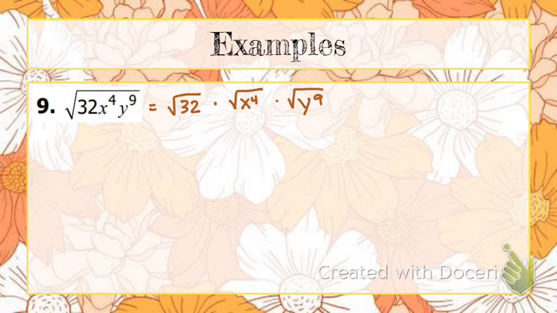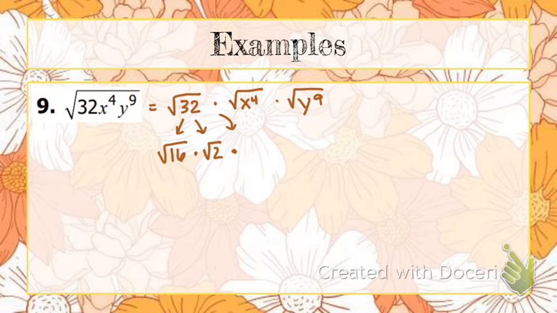So the square root of 32 is going to be reduced by dividing 32 by 16. So this turns into the square root of 16 times the square root of 2.